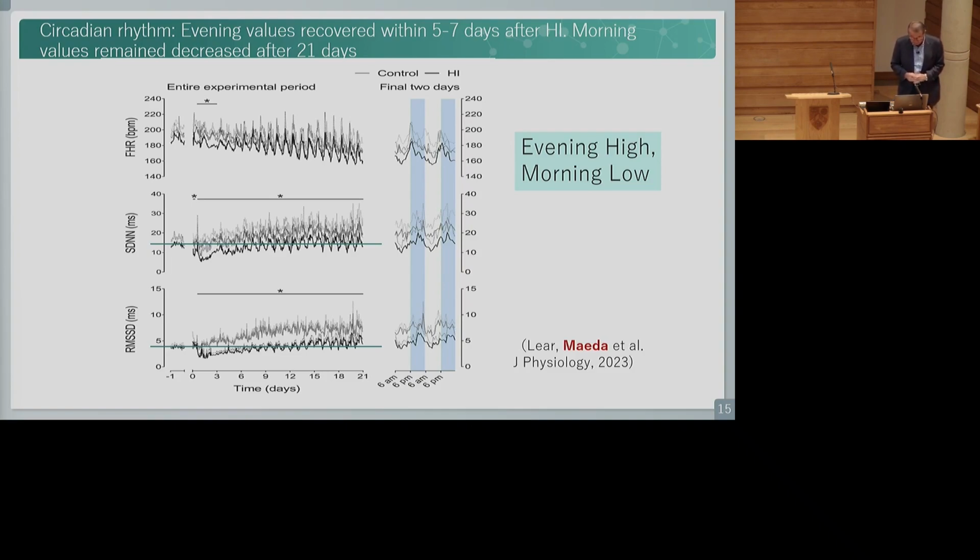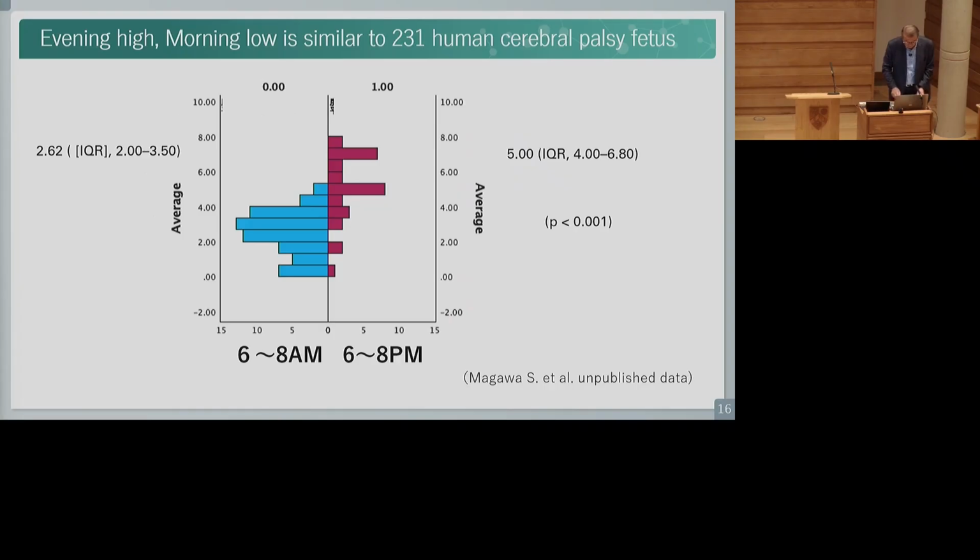Evening values recovered within approximately 5 to 7 days after hypoxic ischemic injury. However, morning values remained suppressed even after 21 days. This indicates prolonged impairment of autonomic regulation.